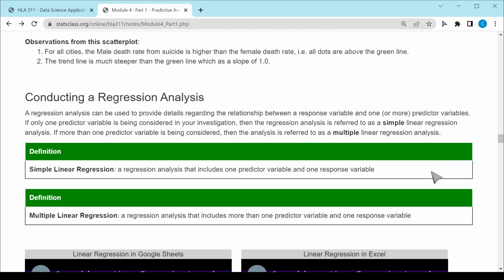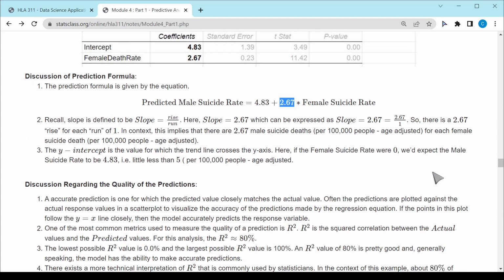So the slope here, let's go back down here and, okay, so there is a 2.67 unit rise for each 1 unit run. So this implies that there are 2.67 male suicides, okay, for each female suicide.